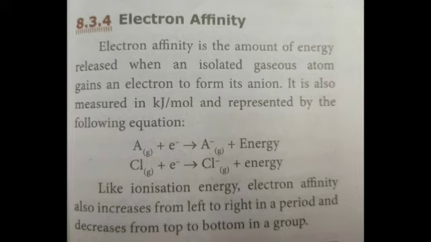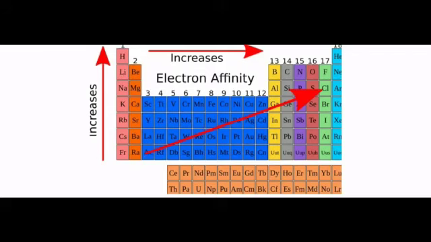Like ionization energy, electron affinity also increases from left to right in a period and decreases from top to bottom in a group. Can you see this, children? Electron affinity increases from left to right in a period and decreases from top to bottom in a group.